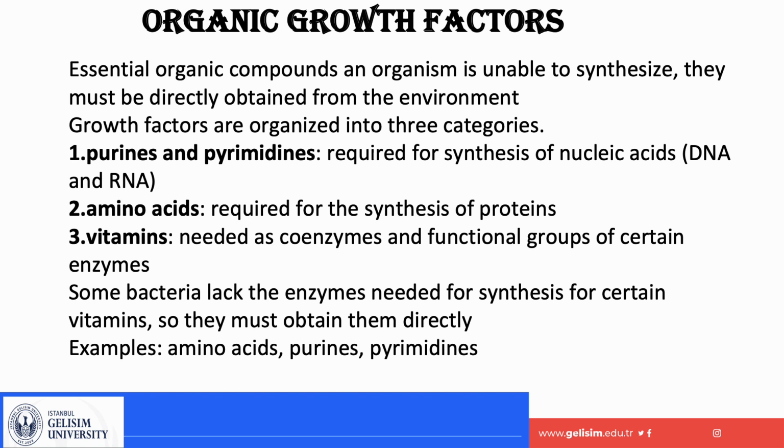Purines and pyrimidines are required for the synthesis of nucleic acids such as DNA and RNA. Amino acids are needed for the synthesis of proteins, and vitamins are required as coenzymes and functional groups of certain enzymes. Some bacteria lack the enzymes required for the synthesis of certain vitamins, so they must obtain them directly from the environment. Examples of growth factors include amino acids and purines and pyrimidines.